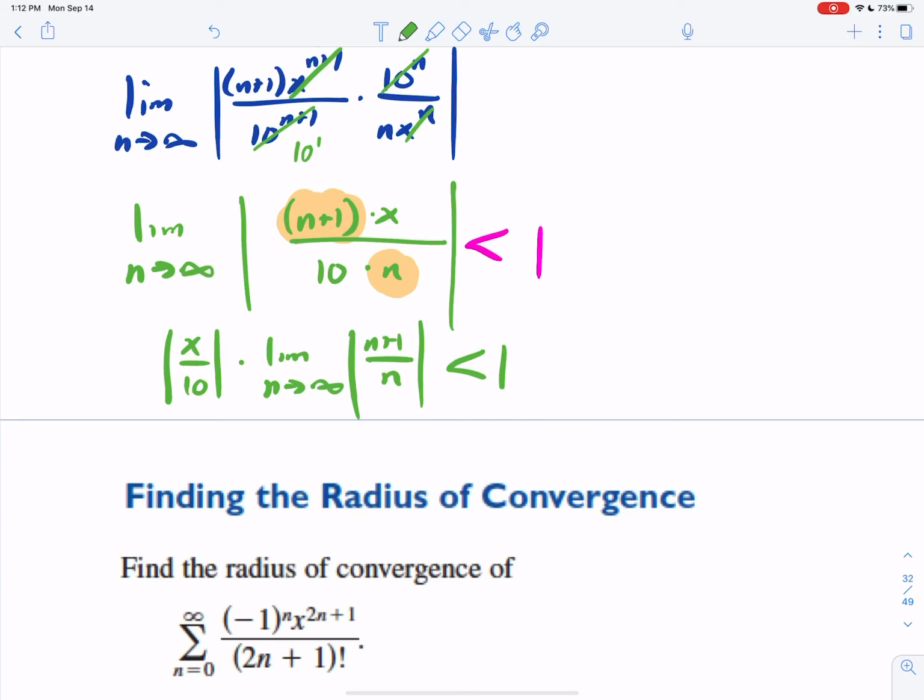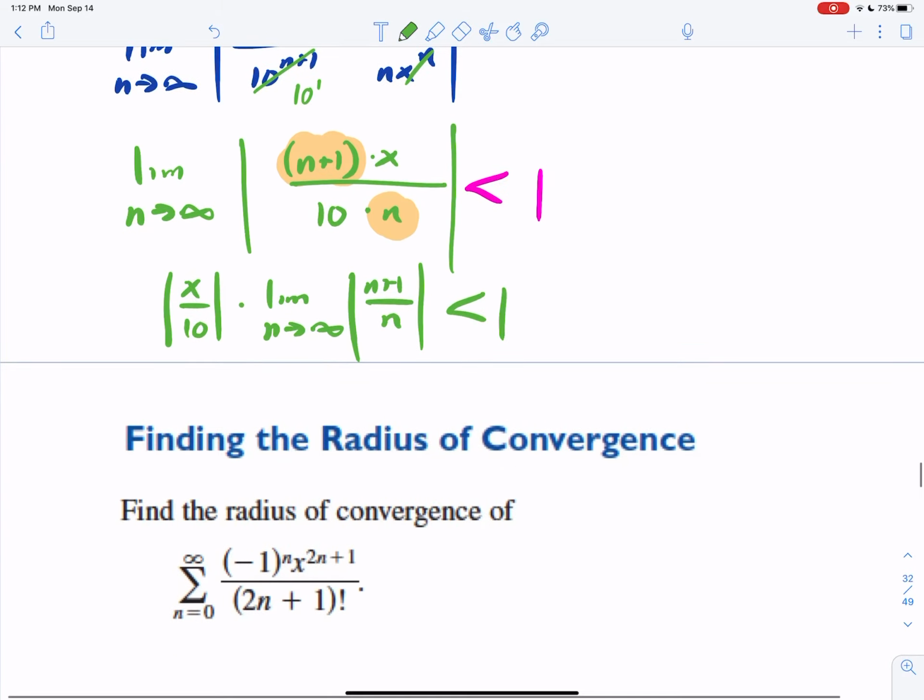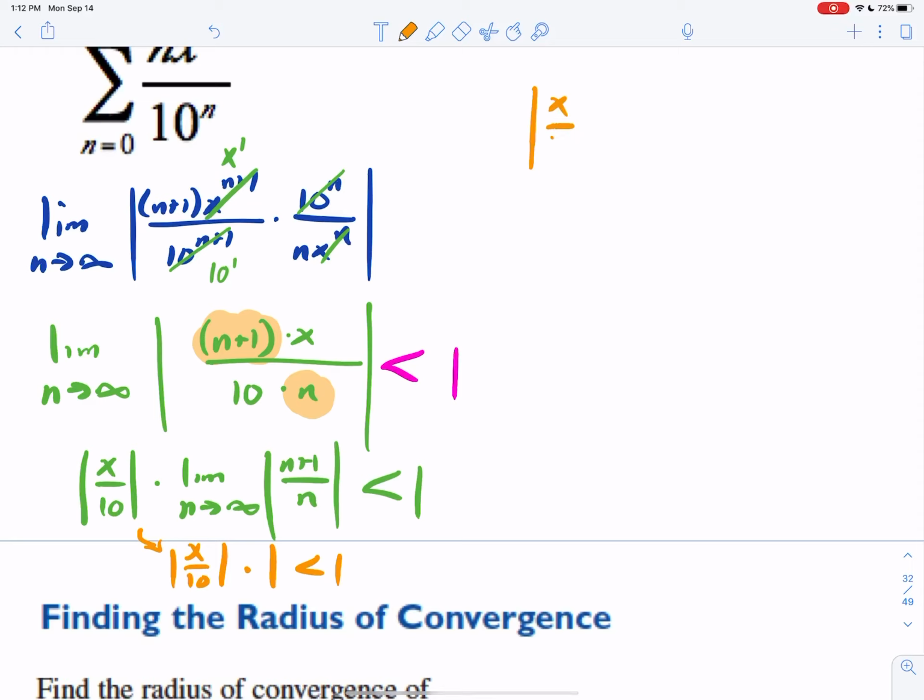Okay? I'll write it out step by step for you guys. That limit comes out to 1. And I'll bring out my absolute value here. Okay? So what I have left here is the absolute value of x over 10 is less than 1.